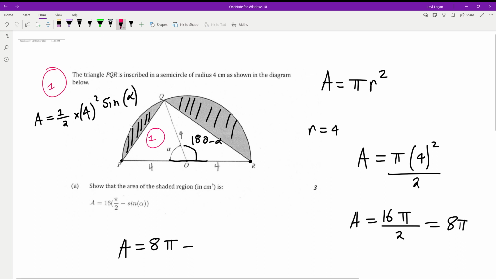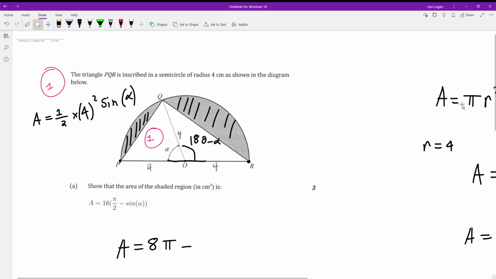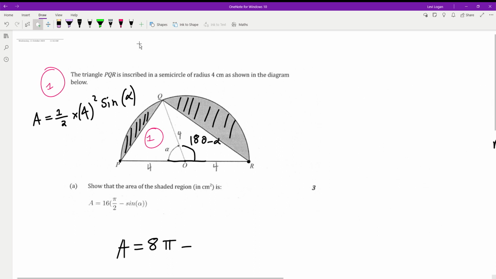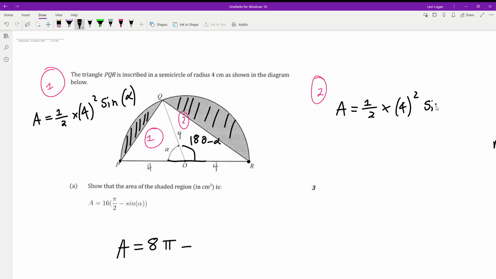Now I'm going to move this stuff to the side so I can write the rest of it, because we don't need that at the moment. Triangle number 2 is the same setup. It's going to be this side length, which is 4, so area is a half times side lengths that are the same, so 4 squared, sine of 180 minus alpha.